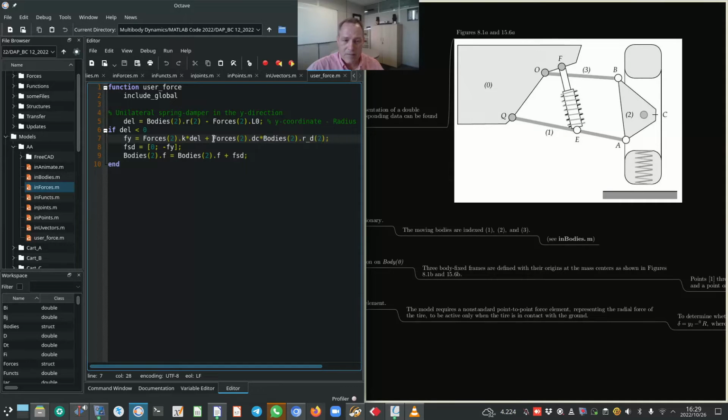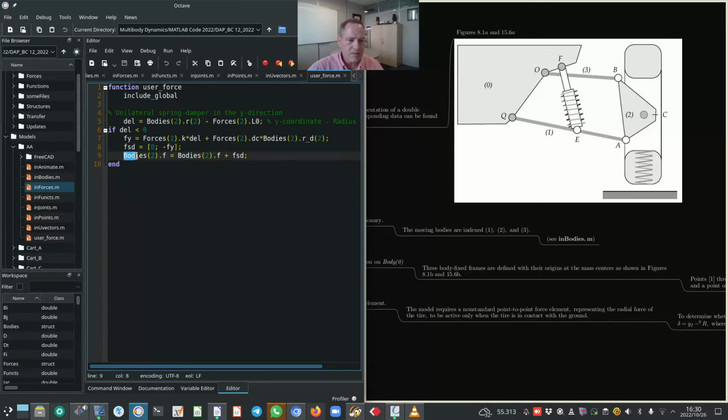If you have the damping coefficient multiplied by a negative velocity, you'll get a negative force. So we need to change the sign of the second component as well. That's why he first calculates Fy as the stiffness component plus the damping component, and he then changes the sign of that force.